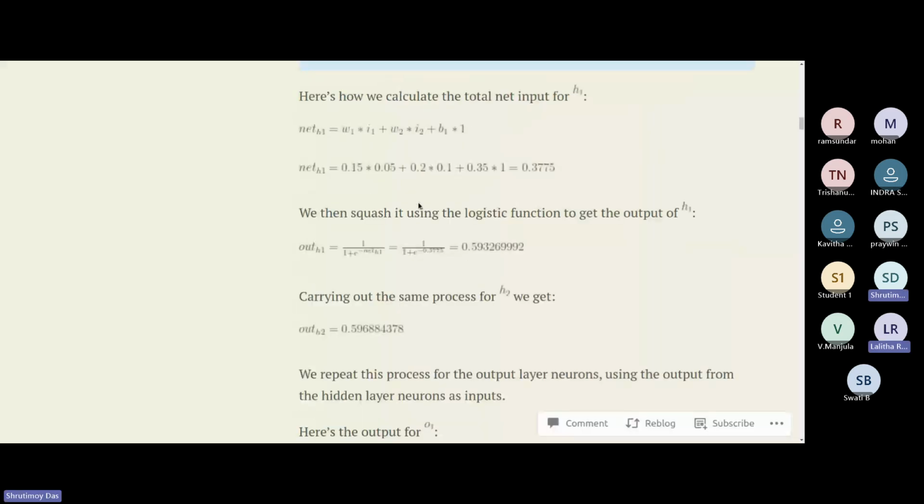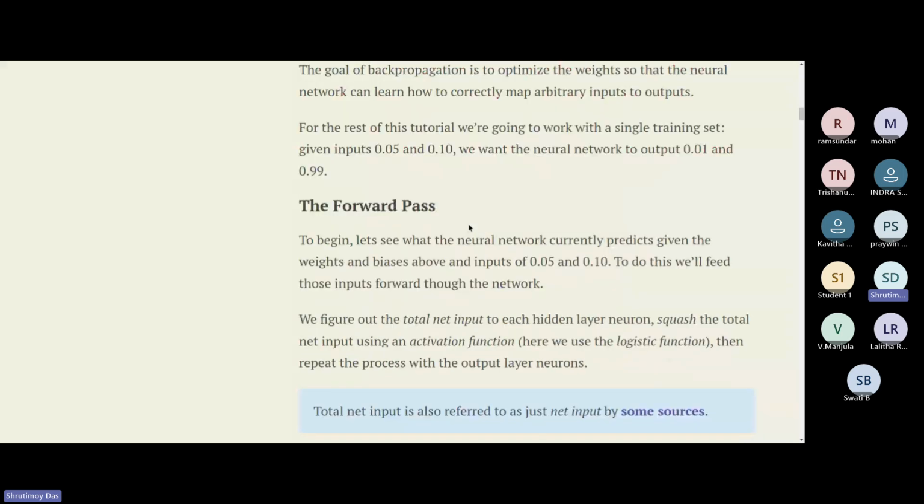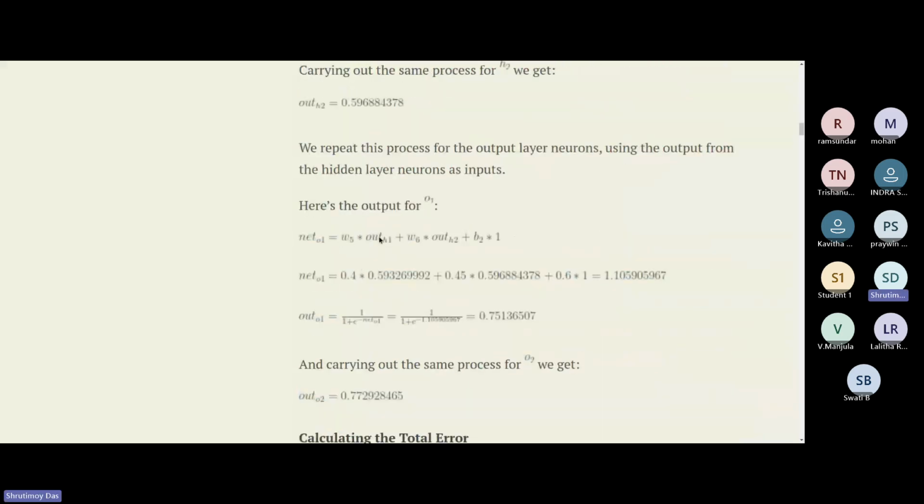Now, coming to O1: this O1 will depend on the activation on H1 and the activation on H2. So you take W5 times out H1 and W6 times out H2 plus some bias, and again the activation here is the logistic function, and that gives us about 0.75.